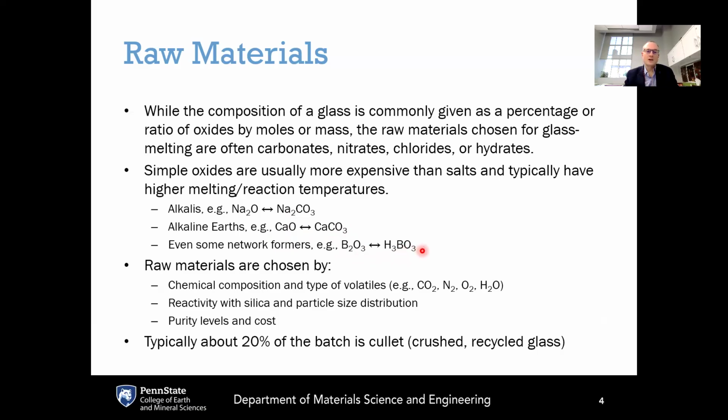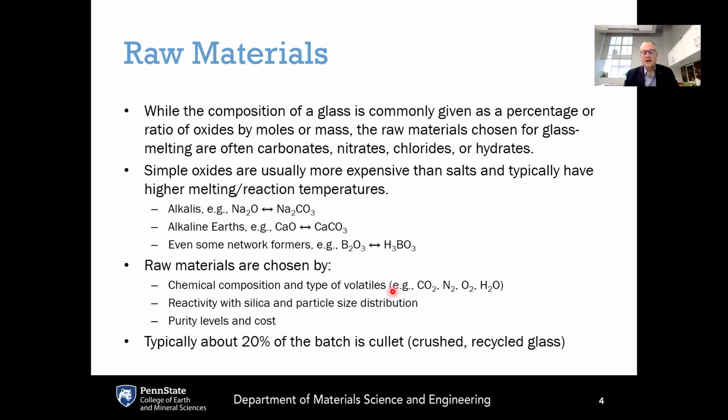If you've got a boric glass that also has sodium, you can batch it as borax because that will give you both sodium oxide as well as B2O3. Now, raw materials are chosen by their chemical composition as well as the type of volatile species that might evolve. So these are gases that get released as the batch material becomes an oxide.